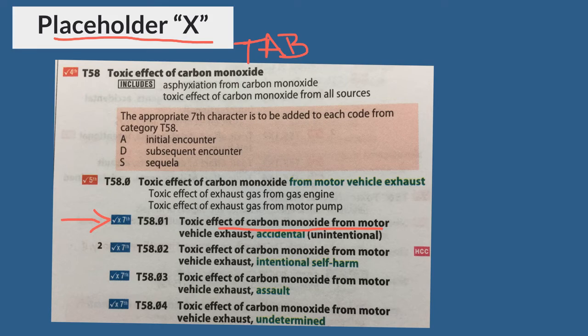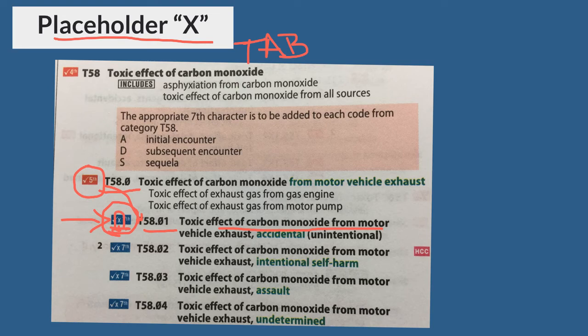Here we have some reminder boxes next to the code, and this is telling us check has X 7th character. This is telling us we have 5 characters here, right? We could never stop at T58.0 because it's telling us we need a 5th character. We have our 5th character in the 0.01, but this note is telling us, hey, you need a 7th character. There are only 5 here. We have this X noted telling you you're going to need a placeholder, okay?